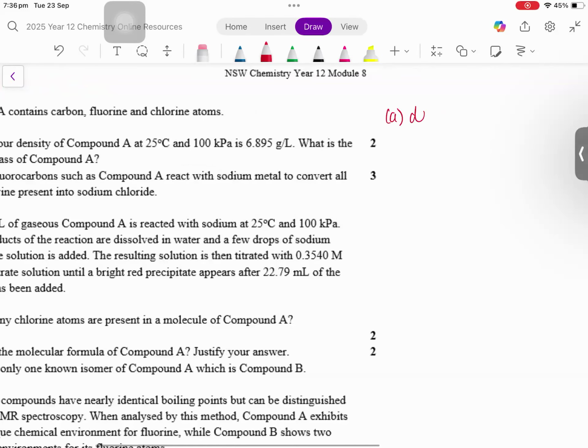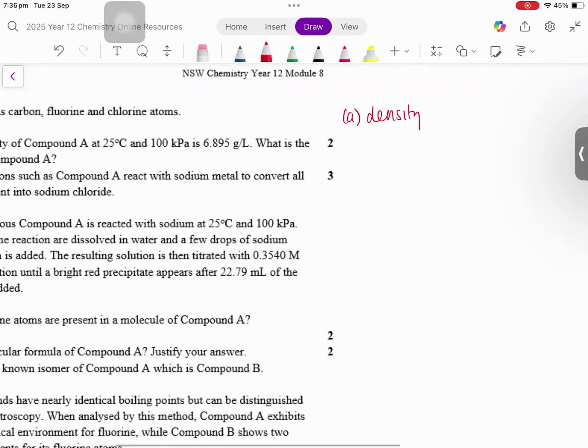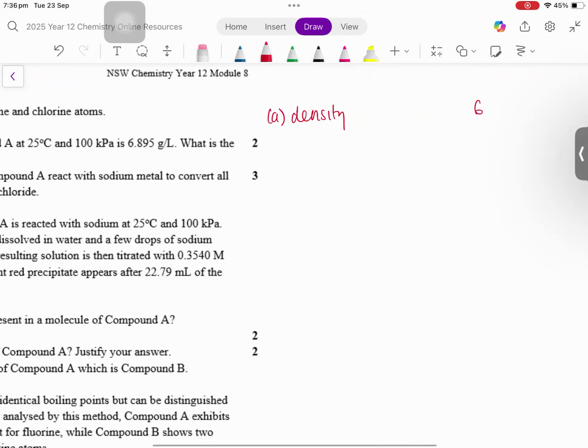They gave you the density, and it's 6.895 grams per liter. Guys, you can figure out the equation by looking at the units that they've given you.